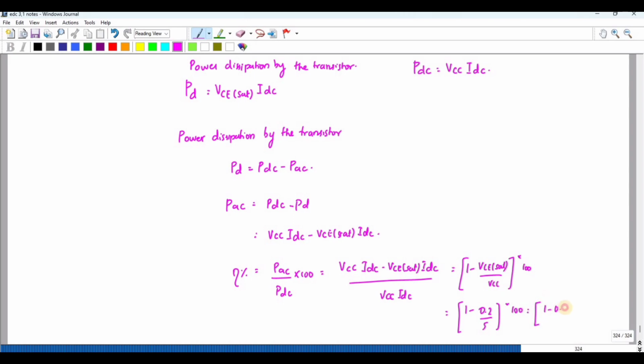So you will get 1 minus 0.04. You can see the efficiency is nearly 100%. So this is nothing but the maximum conversion efficiency.